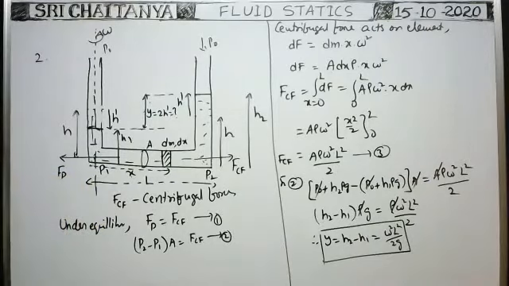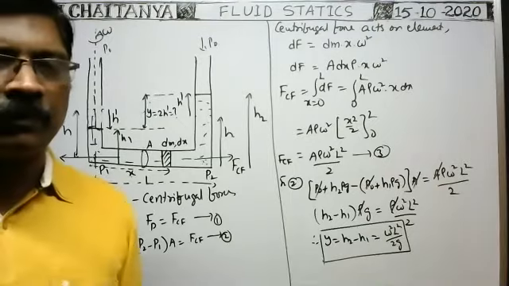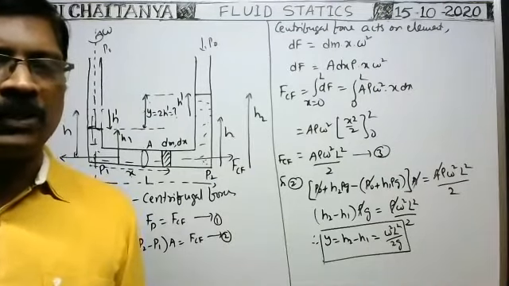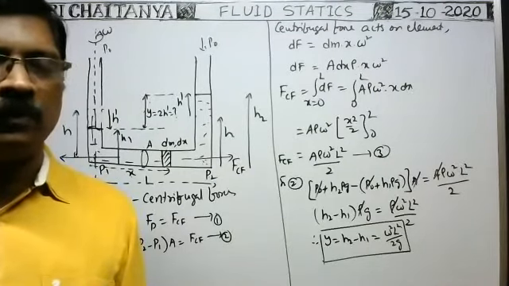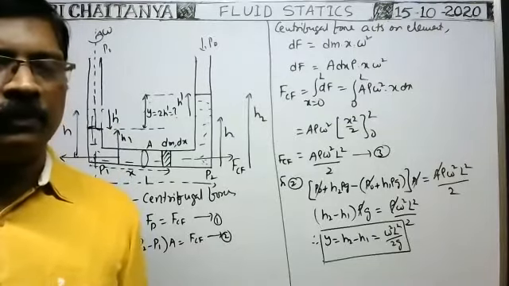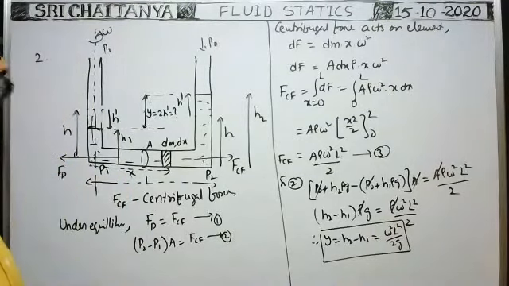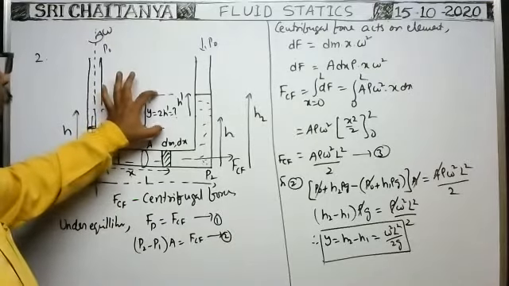Shall I write? H dash is equal to omega square L square by 2z.